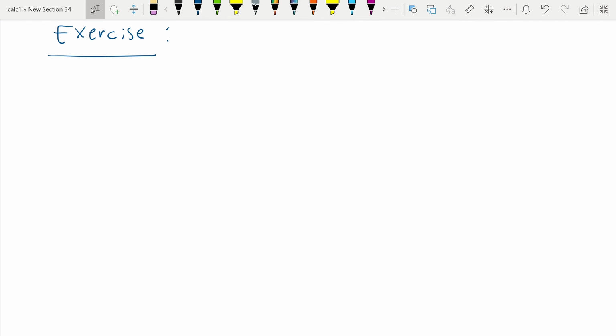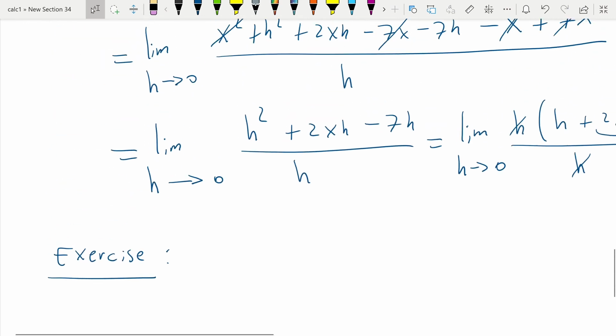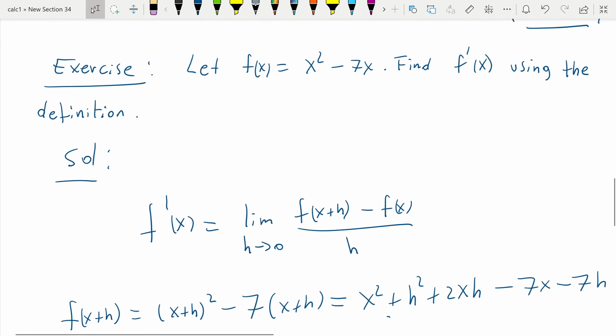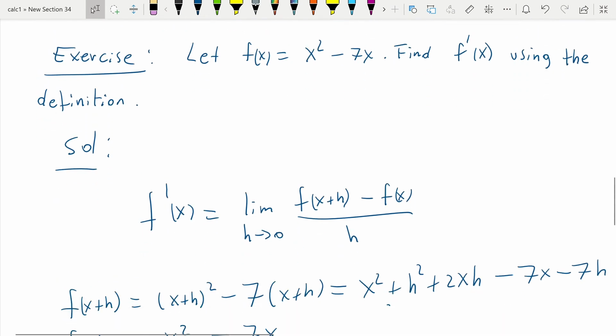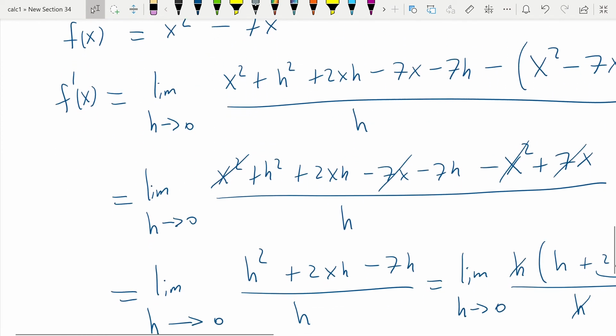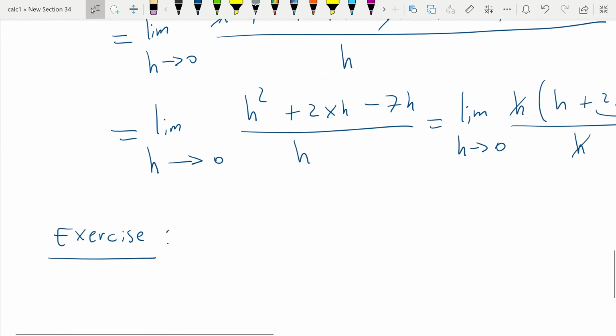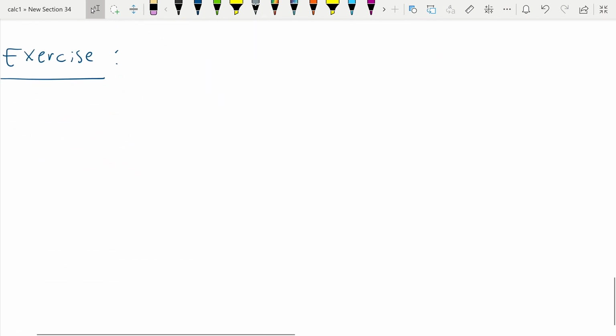The only place where you cannot use them is when you're specifically told to use the definition to find the derivative, and so you cannot avoid using the definition. For all the other problems, you can simply go ahead and differentiate in the way you know how to, using the power rule, the product rule, the quotient rule, and all that.